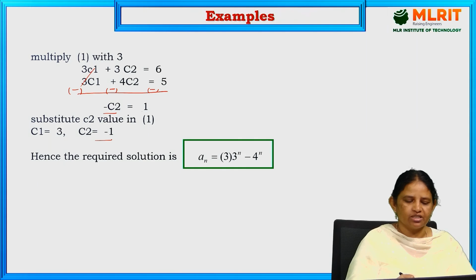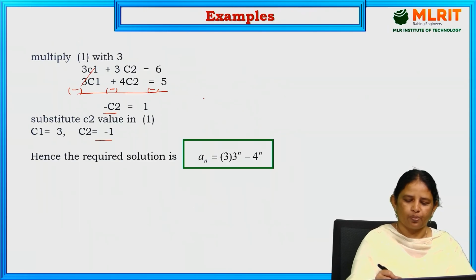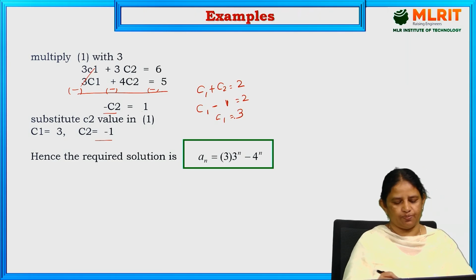If c2 is minus 1, then what about the c1 value? c1 plus c2 equal to 2, so c1 minus 1 is equal to 2, which means c1 is 2 plus 1, that is 3. Then what is the required solution for the characteristic roots?